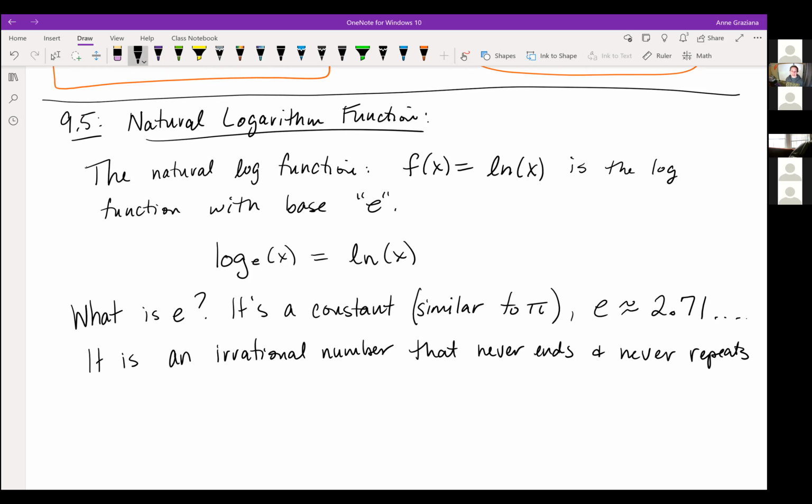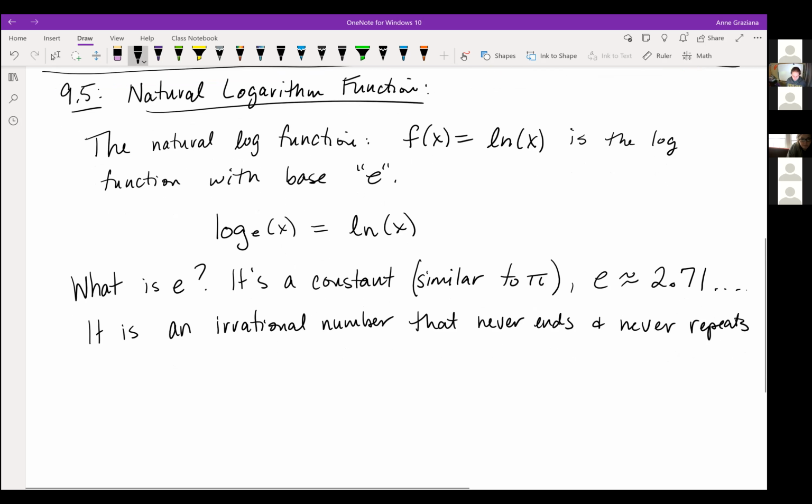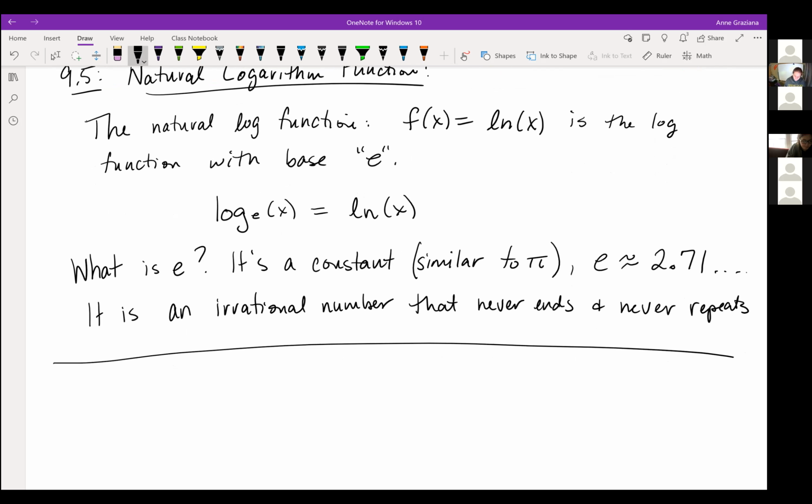But for our purposes, when you have log base e, it's called natural log of x. It's just a notation. Once you go up to pre-calc and calc, we really only talk about ln of x, because it's so widely used in calculus. Other than that, I'm not going to do too much more with that. I just want you to be aware.